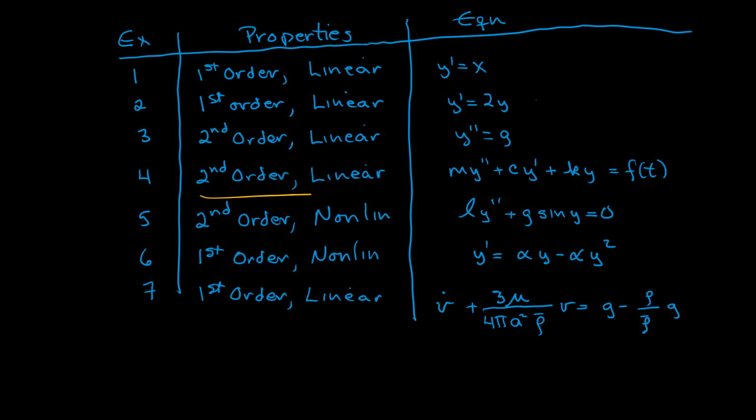Well, that's not true. Here's a counterexample right there. In our last example that we were provided in this video, we talked about being first order. Now, looking at v prime and v, neither of them is squared or cubed or the sine of it or anything like that. They're just an exponent of 1, which makes it linear.